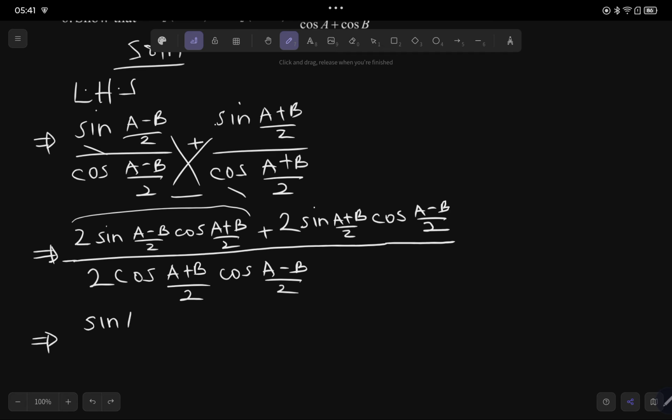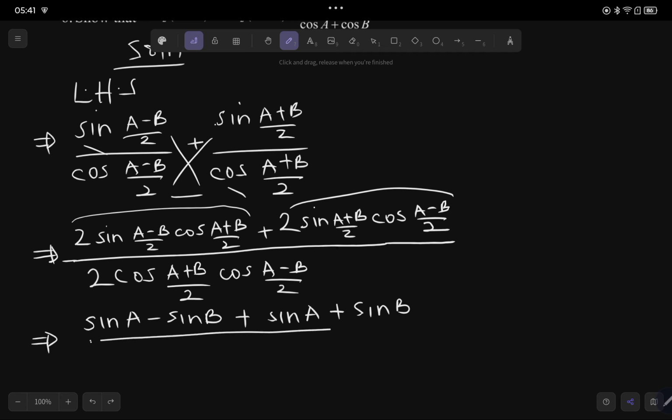Then this one, the second one, was sin a plus sin b. And then down, 2 cos cos was cos a plus cos b.